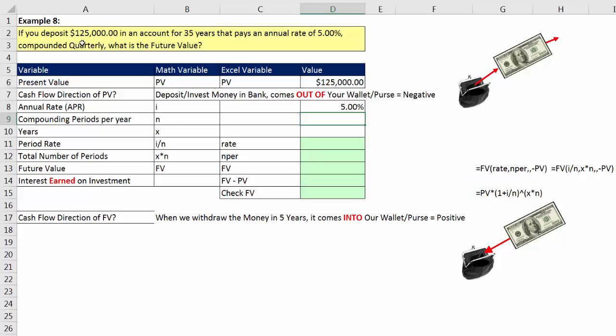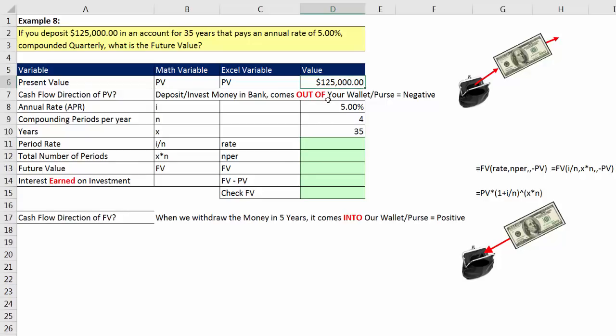All right, if you deposit $125,000 in an account for 35 years that pays an annual rate of 5% compounded quarterly, what is the future value? Compounding periods per year. Quarterly, that means 4. Years, 35. That means the power of compound interest will have a long time to build up.